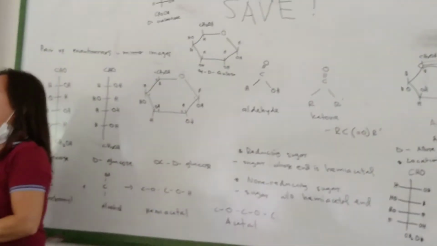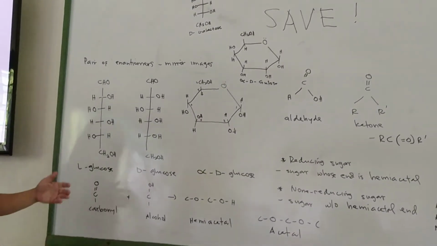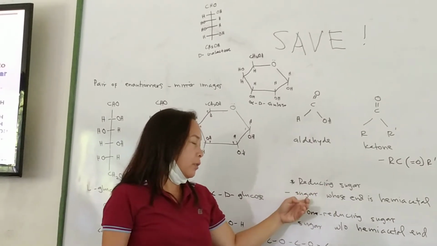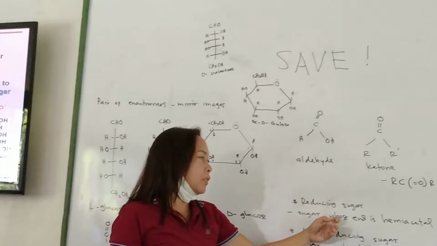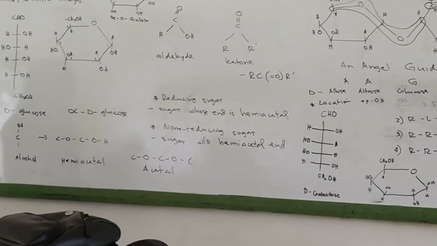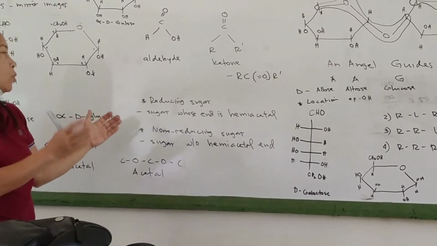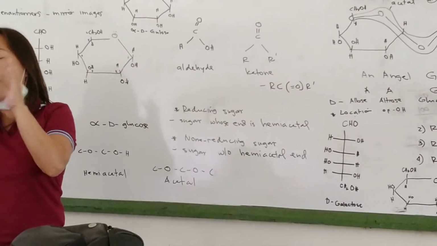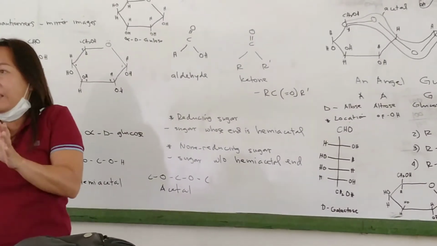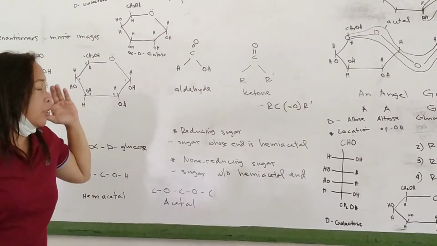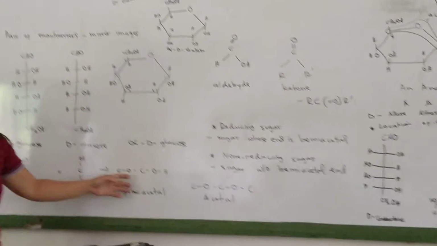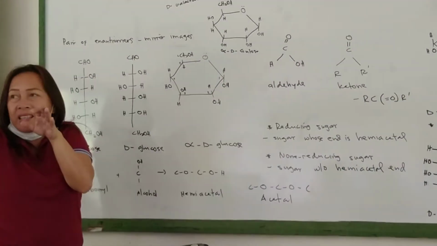How can we know that sugars can be reducing or non-reducing? Reducing sugars are sugars with a hemiacetal which is said to be free at the end. The hemiacetal is said to be free, and that hemiacetal group will bind with the oxidizing agent.